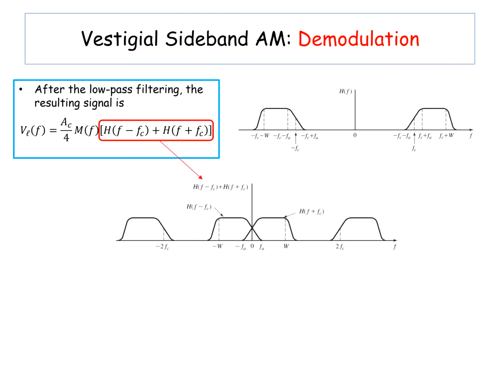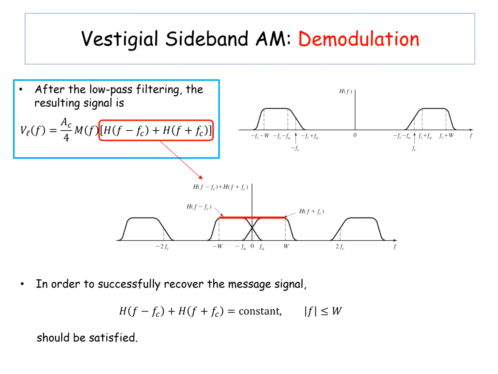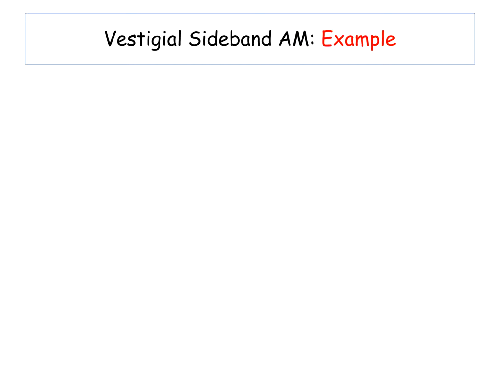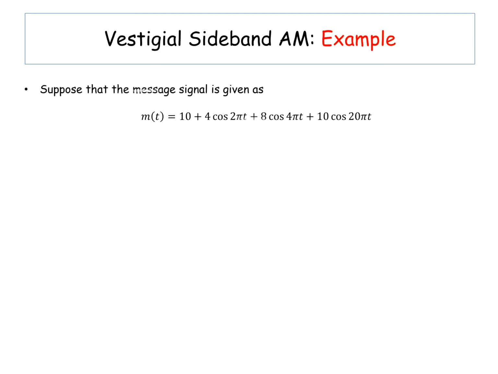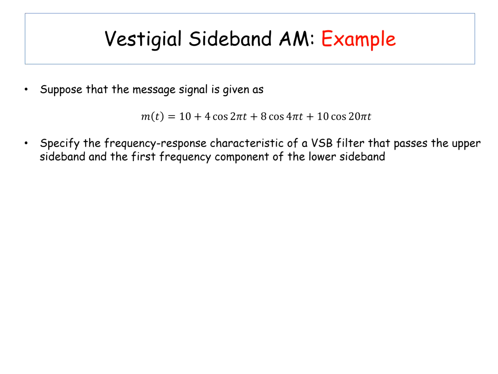As you realize, in order to successfully recover the message signal, this term should be constant within the range from -W to W. A message signal is given in the example. We need to specify the frequency response characteristic of a vestigial sideband filter that allows the upper sideband and the first frequency component of the lower sideband.